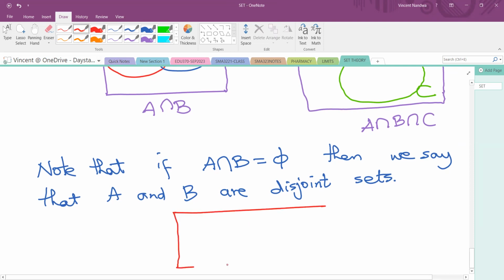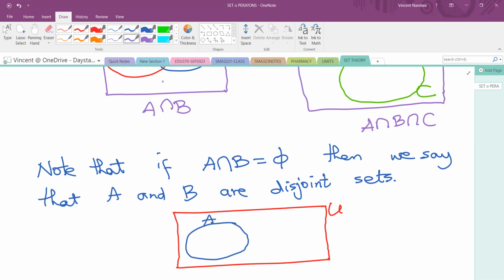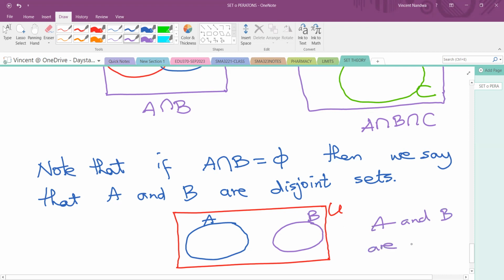And you can represent them on a Venn diagram. So this is U. This is set A. And then we have another set B. So in this example, A and B are disjoint, meaning that there's no common element between the two sets.